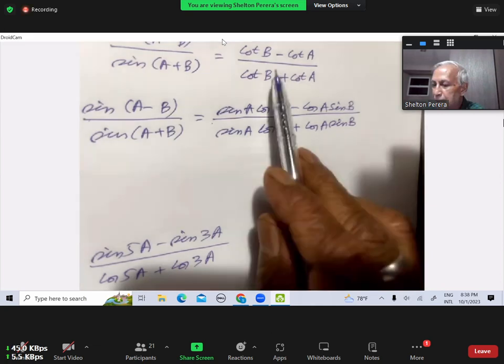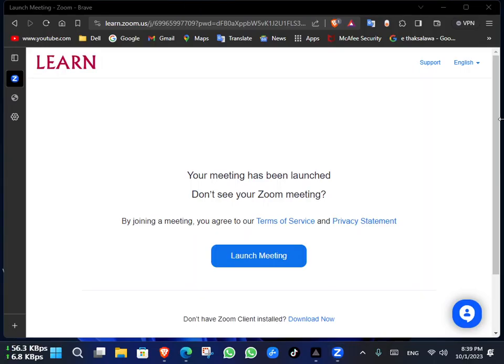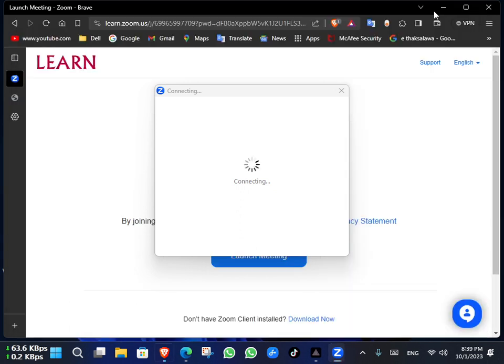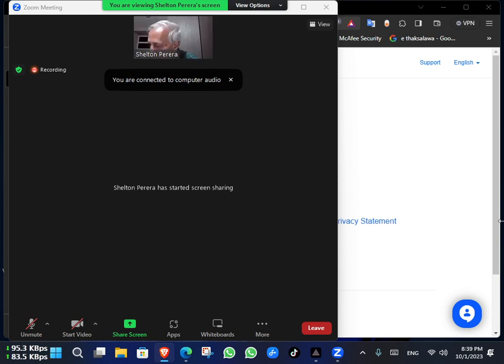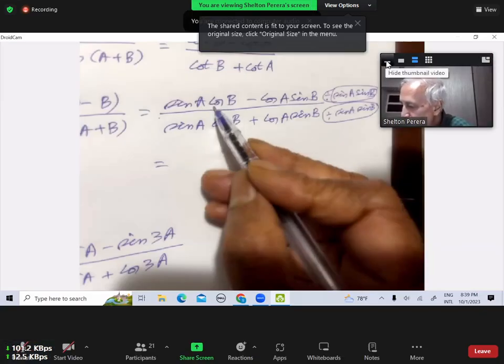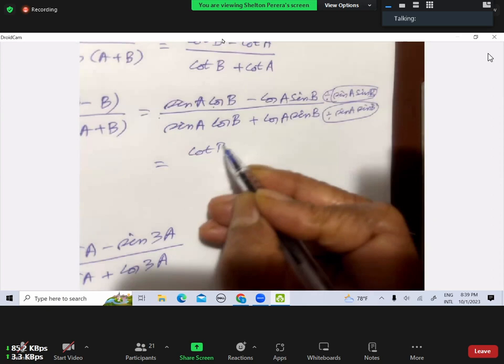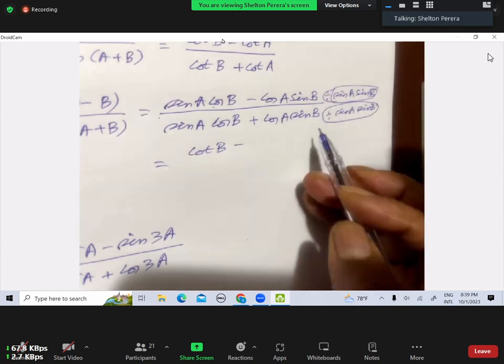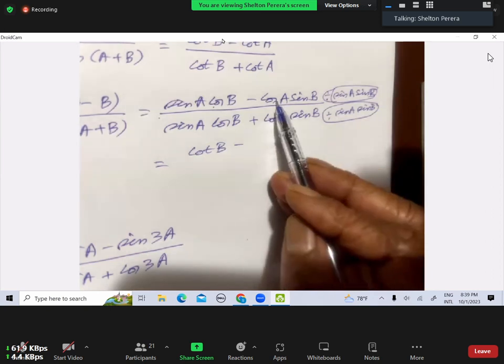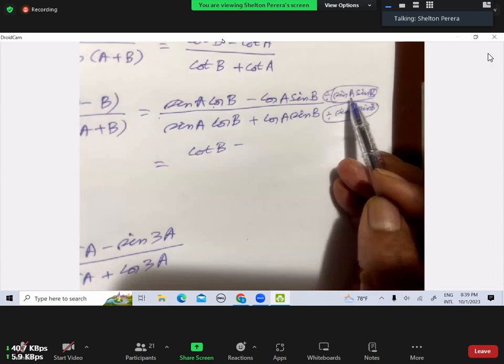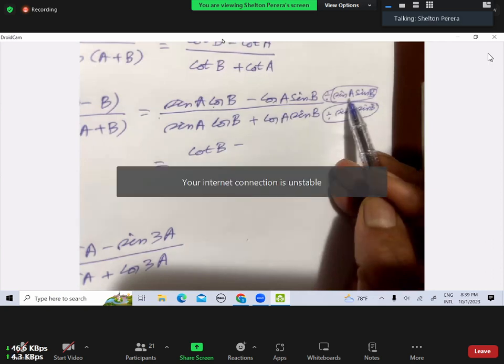And to get cot from cos, I have to divide by sin B. So divide the whole thing by sin A sin B. Cos B over sin B is cot B, minus cos A over sin A is cot A. Sin B cancels.